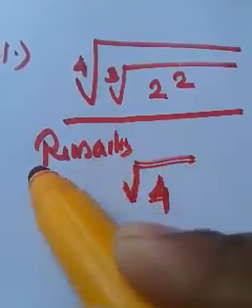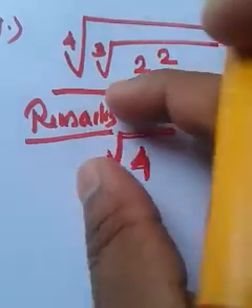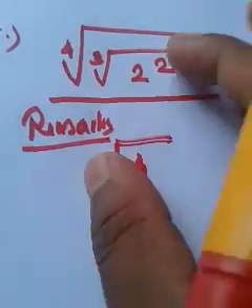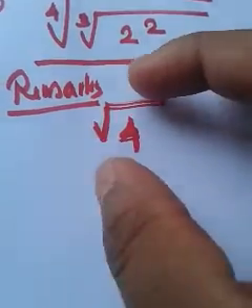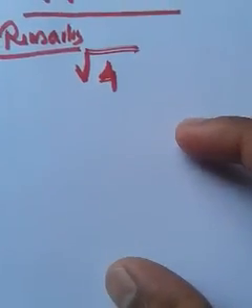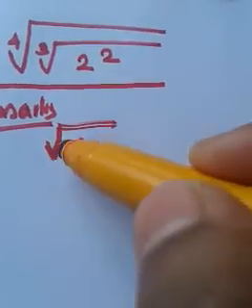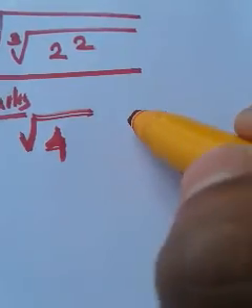You can write a few things. Remarks in the sense that we need to know some concepts, which I will discuss, and then we will come to the solution of this question. So the remark says: what is the answer of the square root of 4?